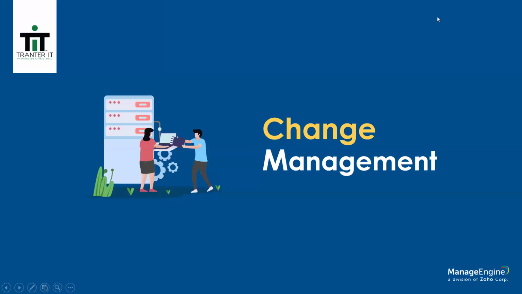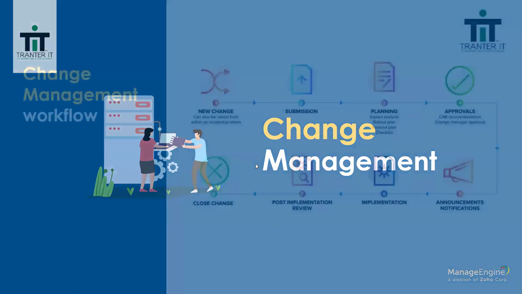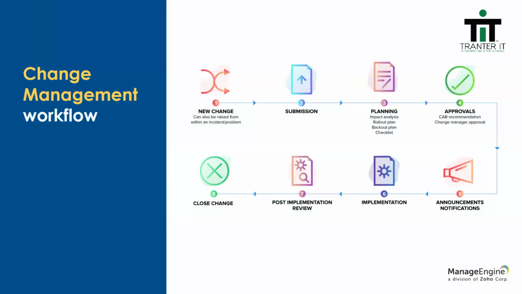So we have change management. Our change management module comes with a particular workflow that is flexible enough to accommodate every organization's existing CAB or approval workflow that they have in place.